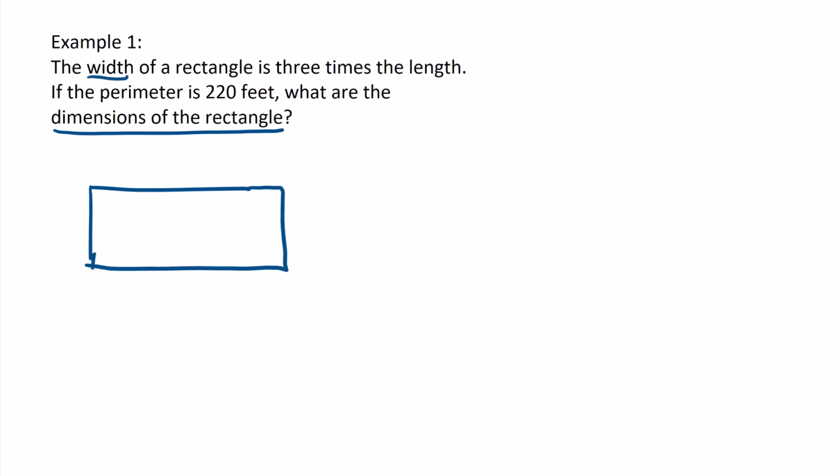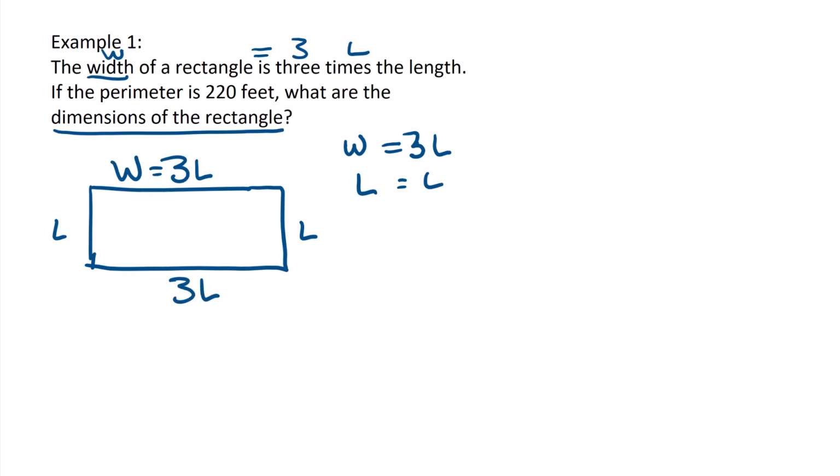We know that width is 3 times length, so W equals 3 times L. And L is just L. So we can write the width as the longer of the two. So if this is our length, then 3 lengths is equal to the width. So I'll label the longer sides of my rectangle with the 3L.